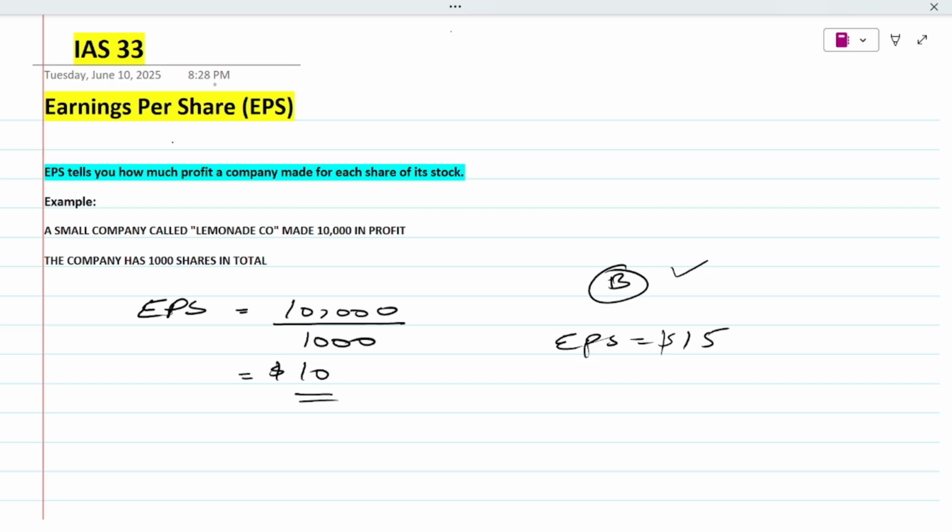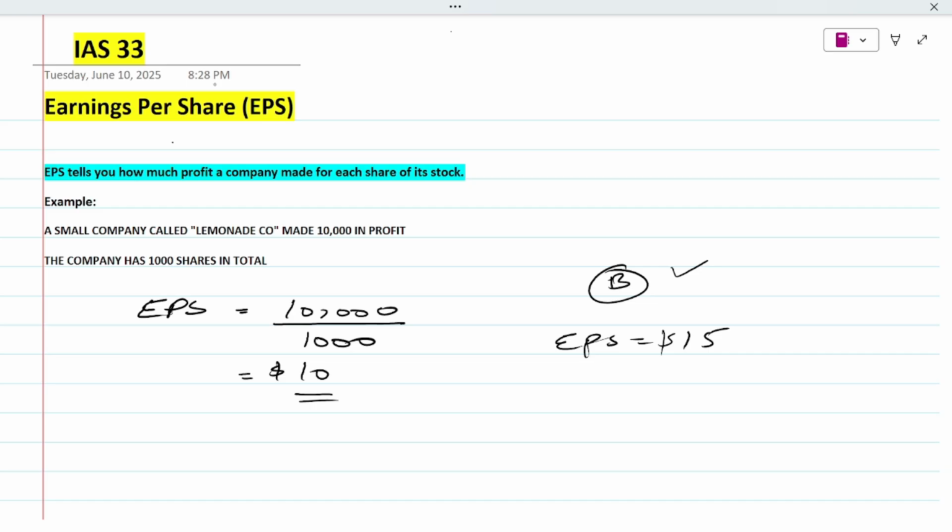That's one rule of thumb: the higher the EPS, the higher the market value of the company. So I hope now you have a little bit of an idea of what EPS is, how it works, and how it helps an investor make a decision about which company to invest in.